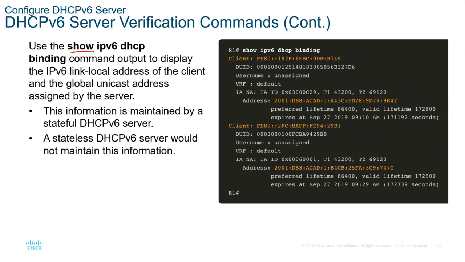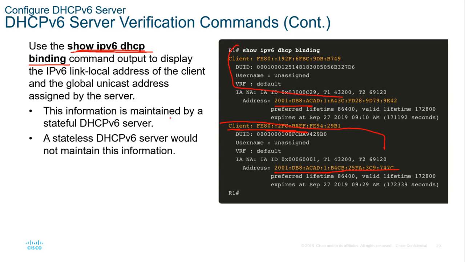So this is the other command, as we said, show ipv6 dhcp binding. It shows exactly the IP addresses that have been issued out. So these are the clients. This is client 2, this is client 1.